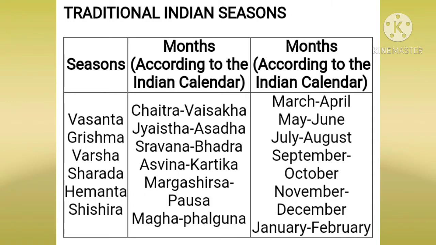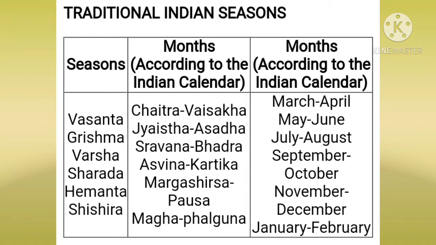According to Indian calendar, the Vasanta Ritu is referred as Chaitra Vaishakha, Grishma as Jeshta Ashada, Varsha as Shravana Bhadu, Sharada as Ashwin Kartik, Hemanta as Magshish and Posh, and the Shishira as Magha and Falguna.